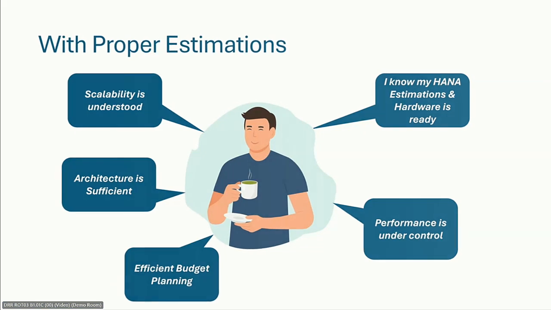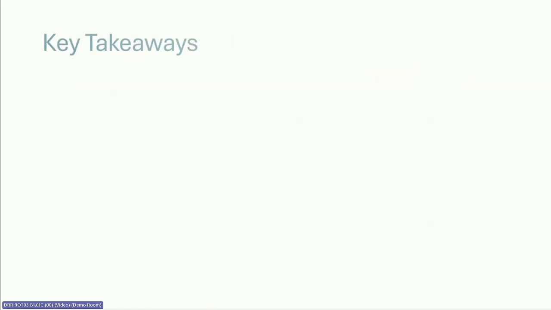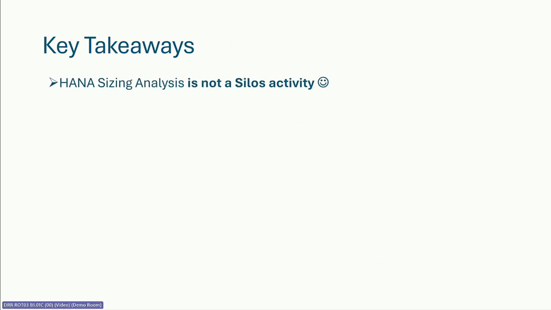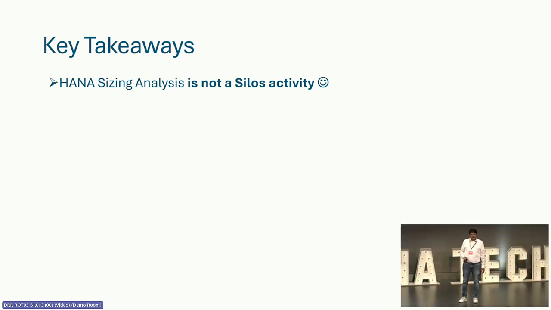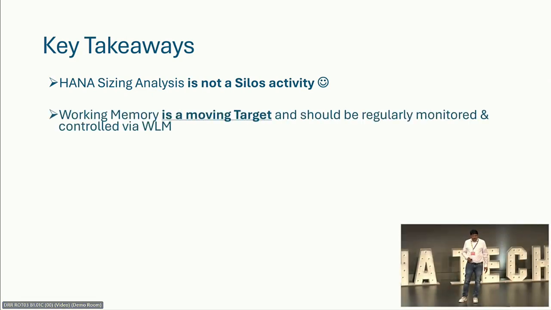Okay, then some key takeaways. First of all, HANA sizing analysis is not a silo activity. It often requires collaboration with multiple teams to gain the right information and to make the estimations. Number two, working memory is a moving target.